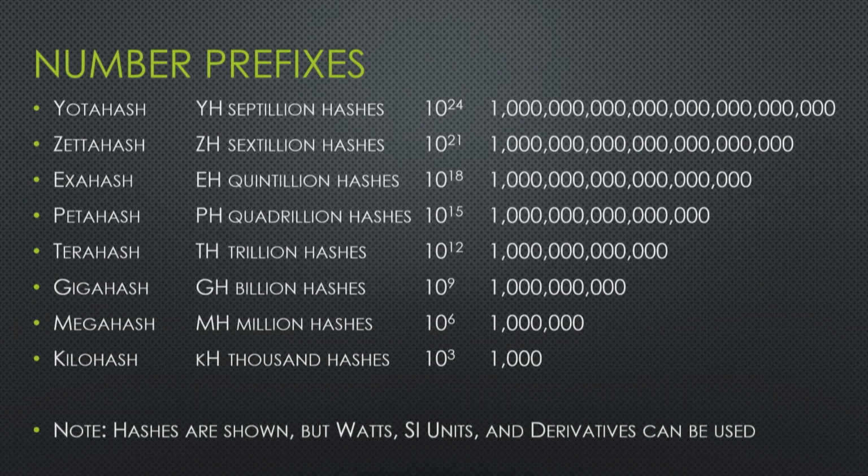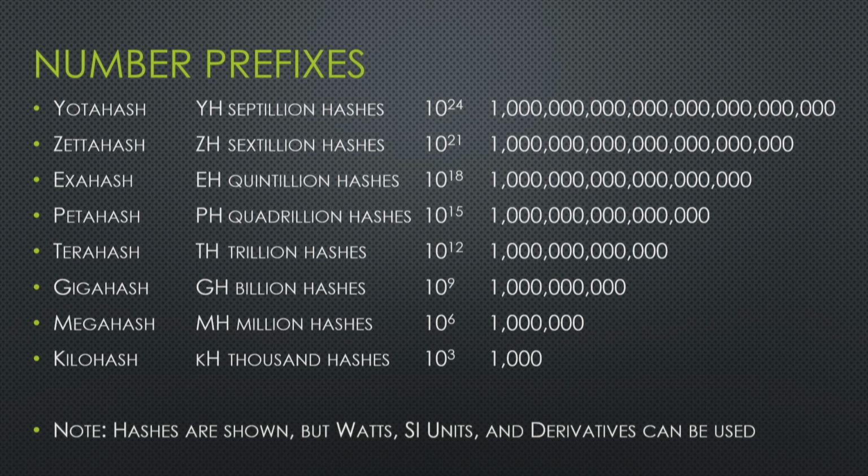Another important chunk of data to know for some of these calculations is just the typical SI unit prefixes. Here I have it listed in hashes, but watts, any other SI unit, and also derivatives of those units can be expressed in this notation.